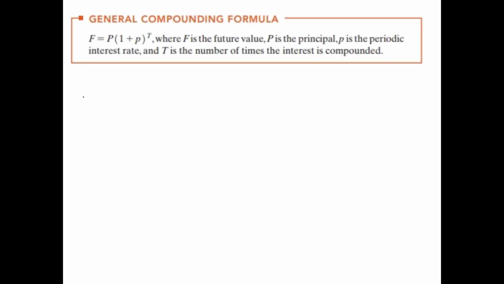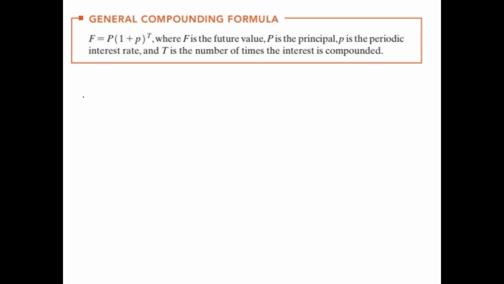And so this gives us our next formula. This is called the general compounding formula. So F is equal to the principal times 1 plus p raised to the capital T, where F is the future value, P is the principal, lowercase p is the periodic interest rate. So typically what is announced is the annual interest rate.